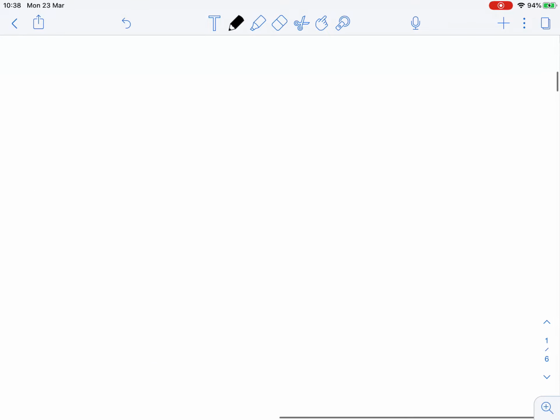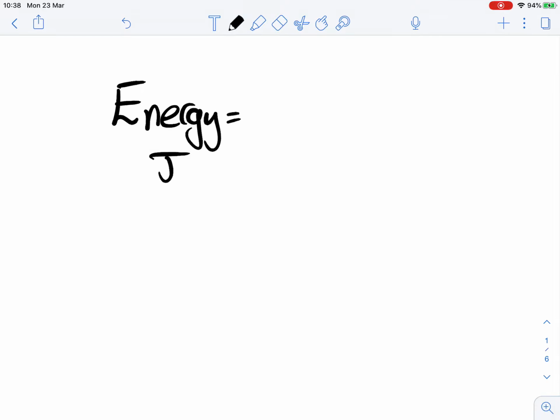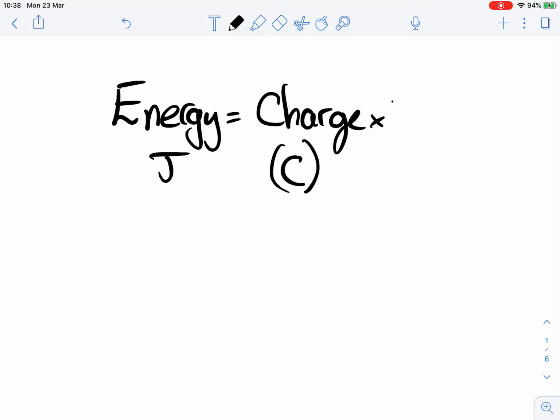Well, we can now introduce some other equations. What about the energy that's being delivered? Well, if we were to look at energy, we would see that energy in joules is equal to the charge, how many of the charges there are, how much they're carrying, which is measured in coulombs, and by the voltage, the amount of energy they're carrying. So how many joules per coulomb.